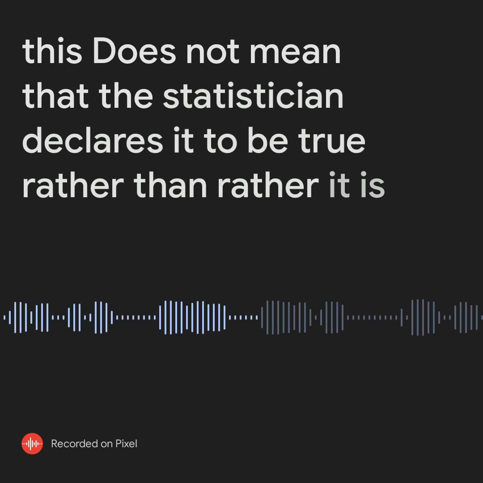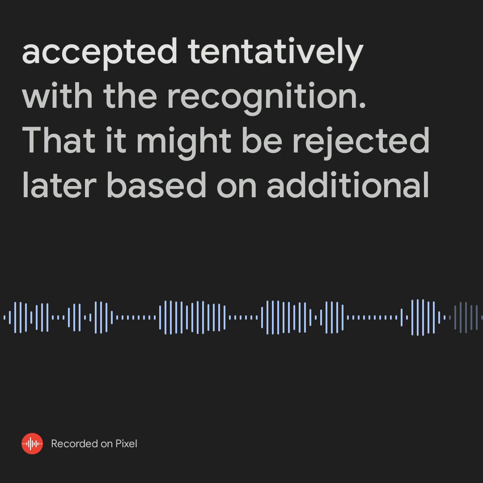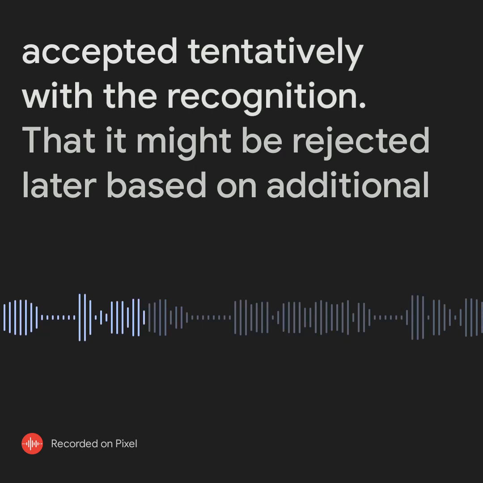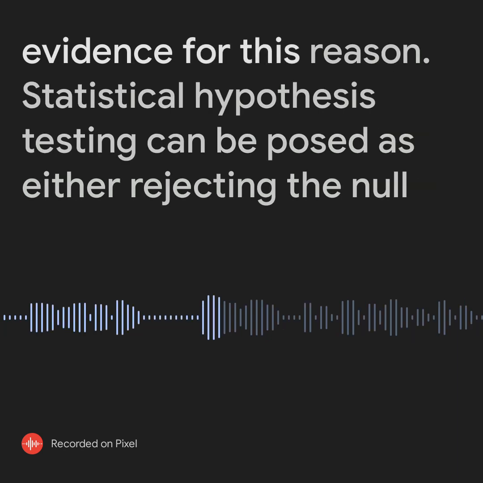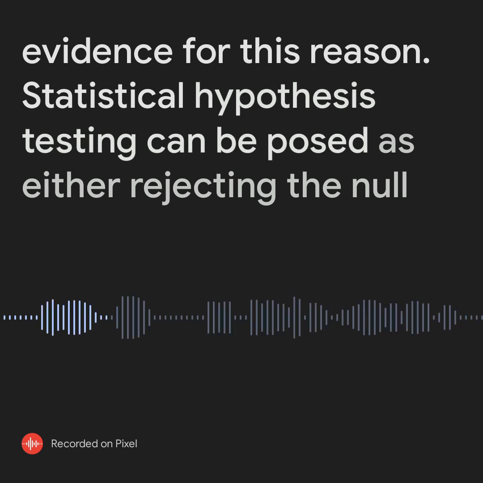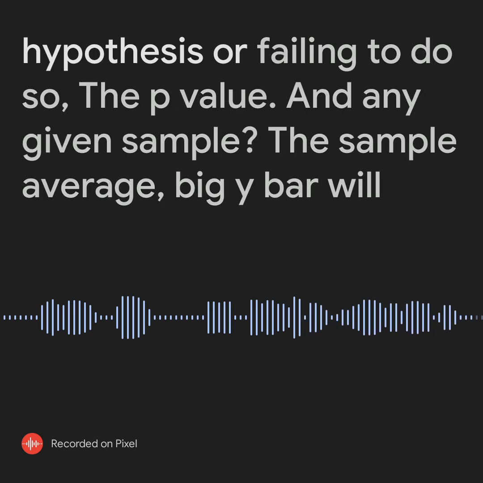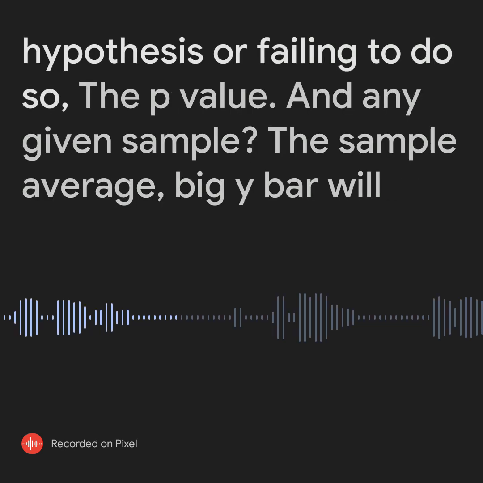Rather, it is accepted tentatively with the recognition that it might be rejected later based on additional evidence. For this reason, statistical hypothesis testing can be posed as either rejecting the null hypothesis or failing to do so.